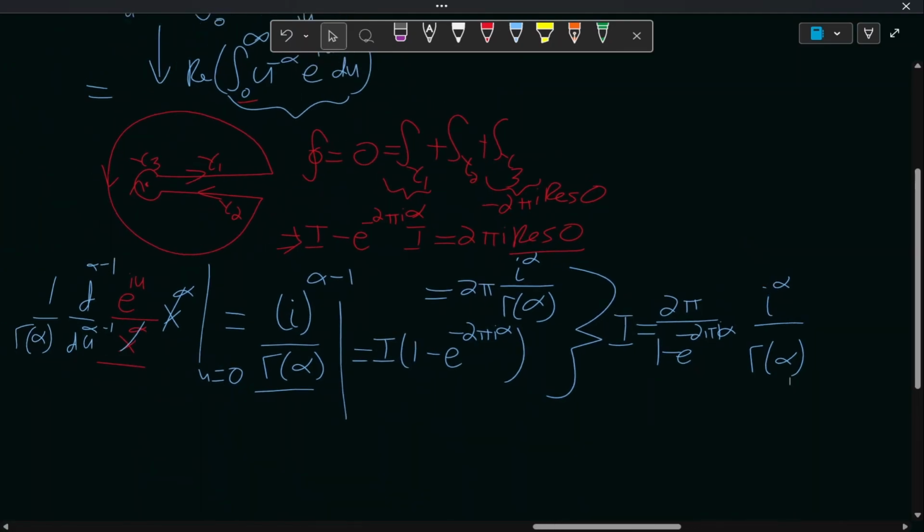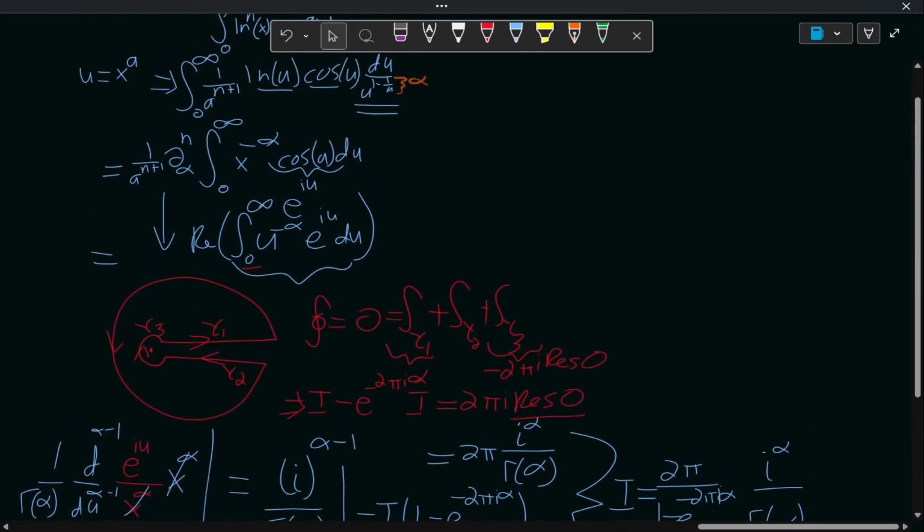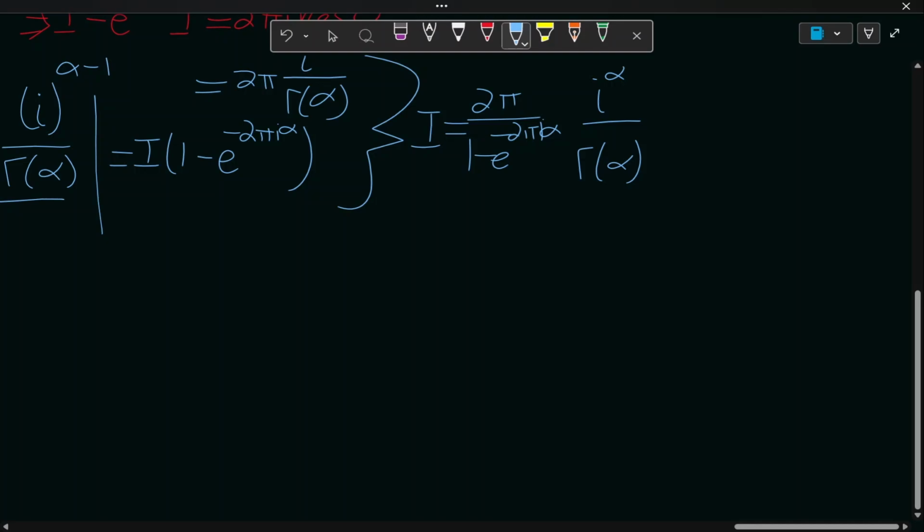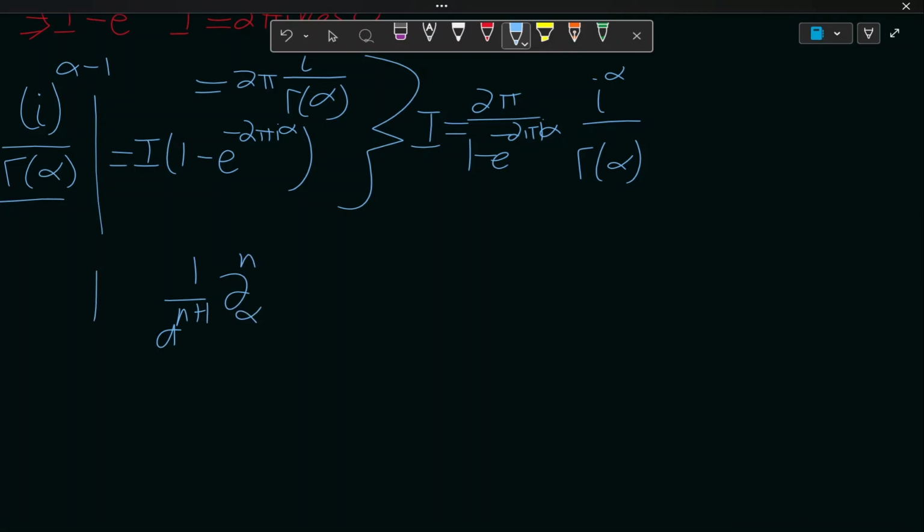So now let's look back real fast and see what this I actually was. And you'll see that this right here was this integral. So all we have to do is take the real part of it and differentiate it with respect to alpha n times. So now we can go ahead and rewrite this as 1 over a to the n plus 1, partial alpha to the n, the real part of all this, of course, of just 2 pi i to the alpha.